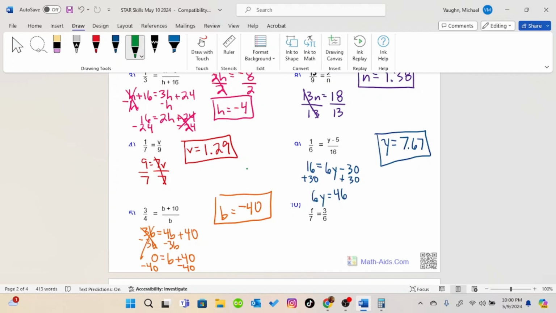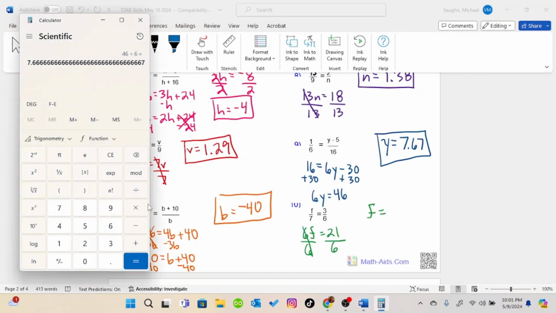F times 6 is 6f. And 7 times 3 is 21. We divide both sides by 6, and f equals 3.5.